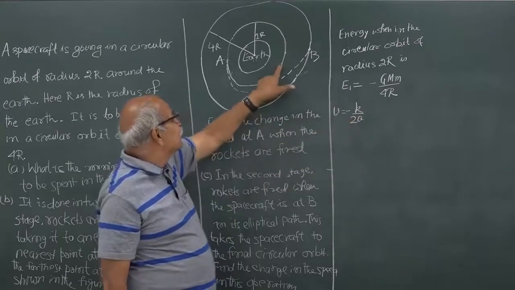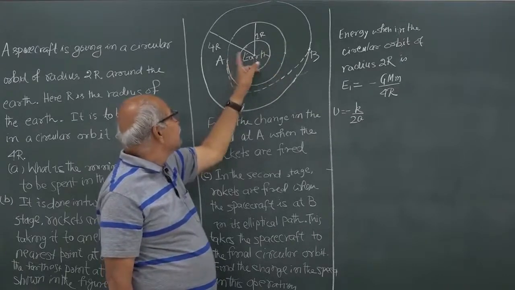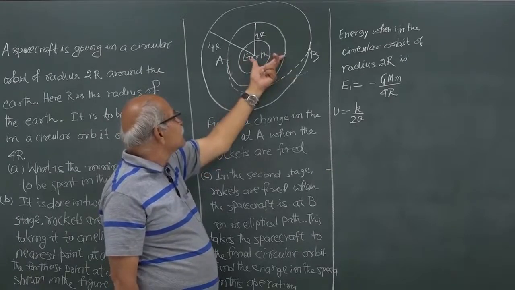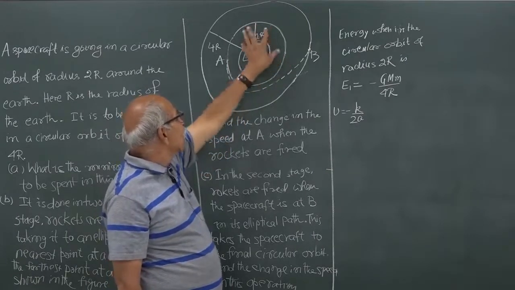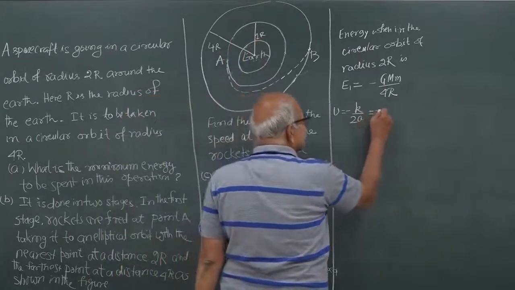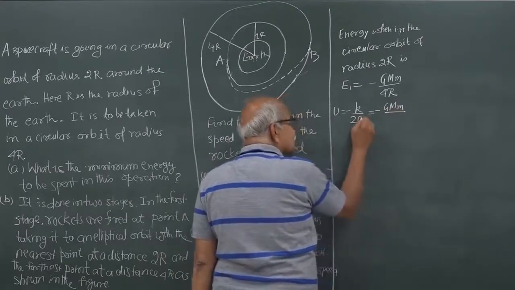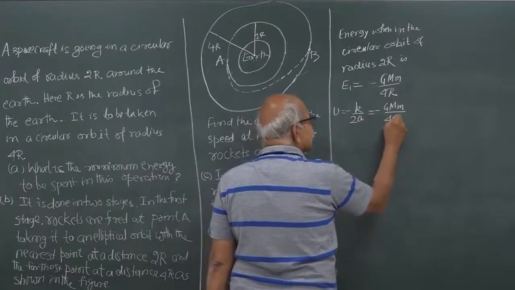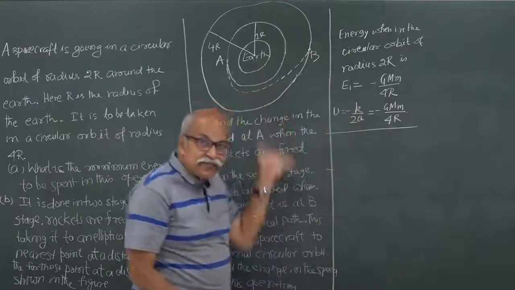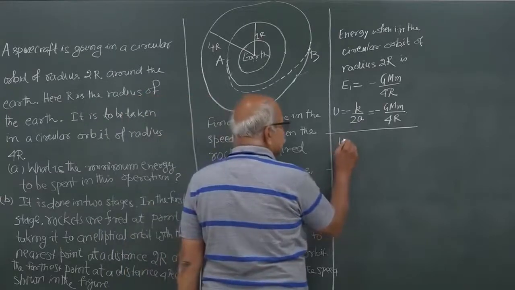If you have a circular orbit, then the major axis and minor axis are the same, that is 2 times the radius, and this radius is 2r. So 2 times the radius is 4r, and k is of course GMm. So it is minus GMm divided by 4r. There is a simpler way of doing it, and I will be using it for the elliptical orbit.